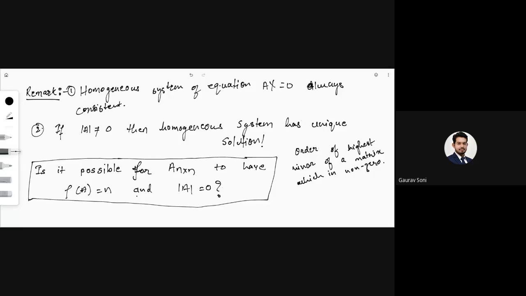So rank is nothing but the order of the minor which is non-zero.